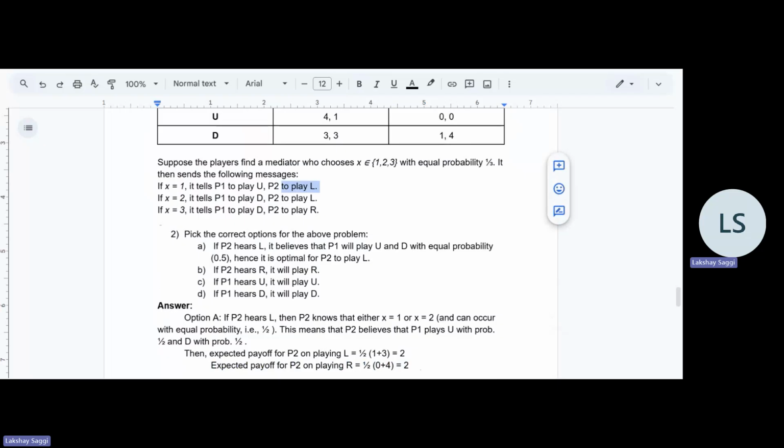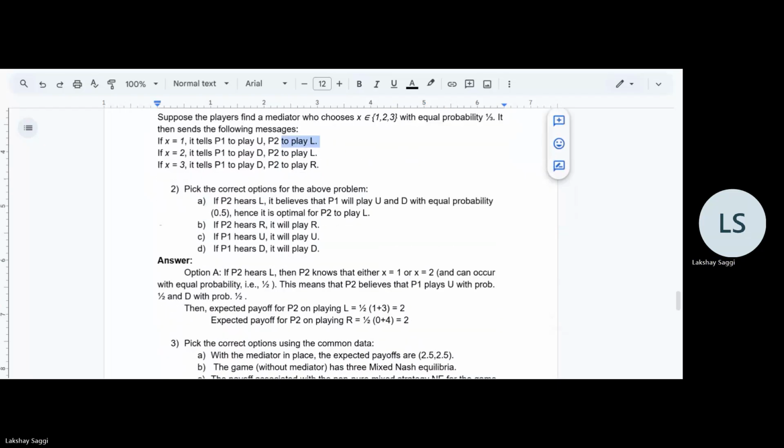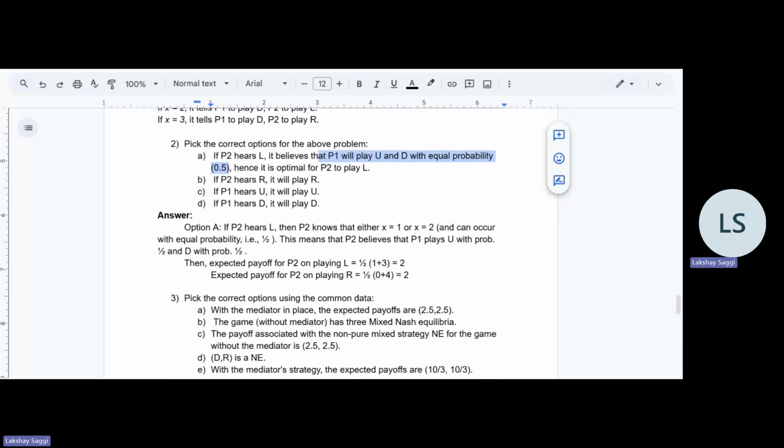The advice was to play L, so P2 can play L. So it is actually optimal for P2 to play L. Actually, it is optimal for P2 to play any mixed strategy. And P1 will play U and D with equal probabilities, 0.5. This we already know. So option A is correct.